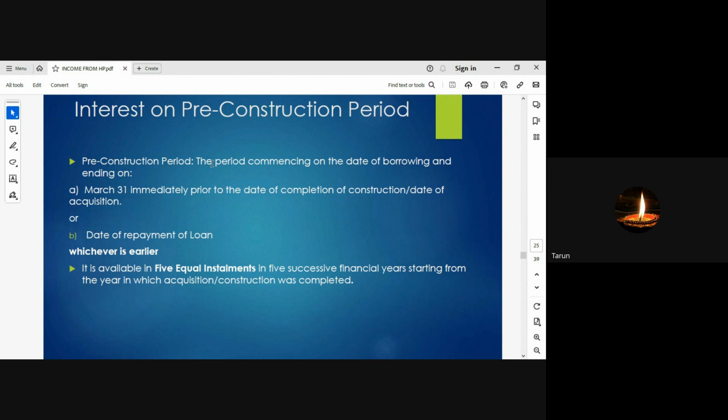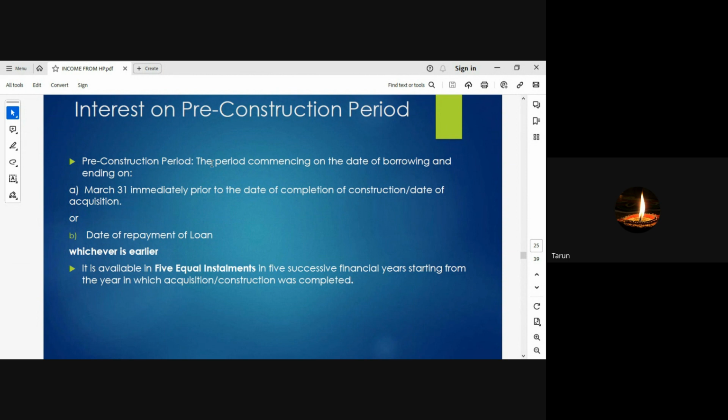If you take a loan of 5 lakh rupees, that 5 lakhs will be divided into 5 equal installments, that is, 1 lakh each. The owner has to claim 1 lakh in each of the 5 successive financial years.